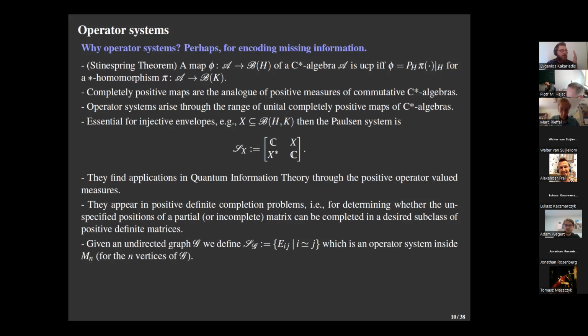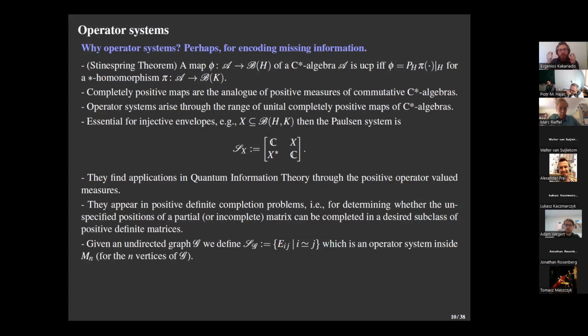It may not be the same. The injective envelopes are by default larger than the C-star envelopes. So the way that you would make the injective envelope into a C-star algebra is like this: you see it inside B of H, and you take the projection from B of H onto the injective envelope because of the injective envelope property.